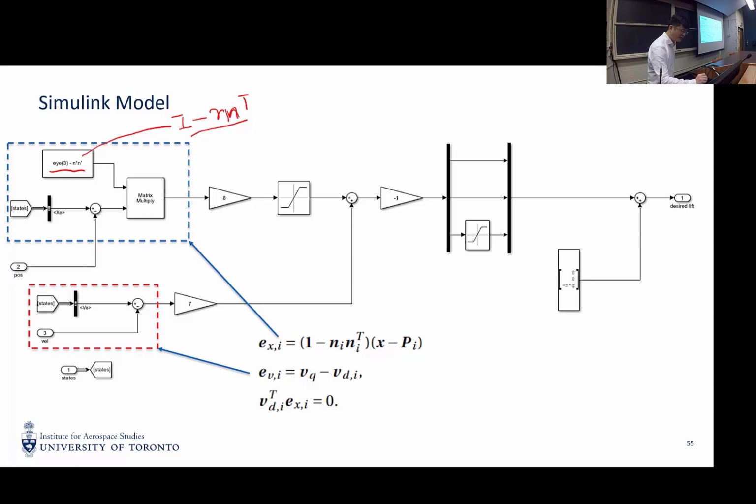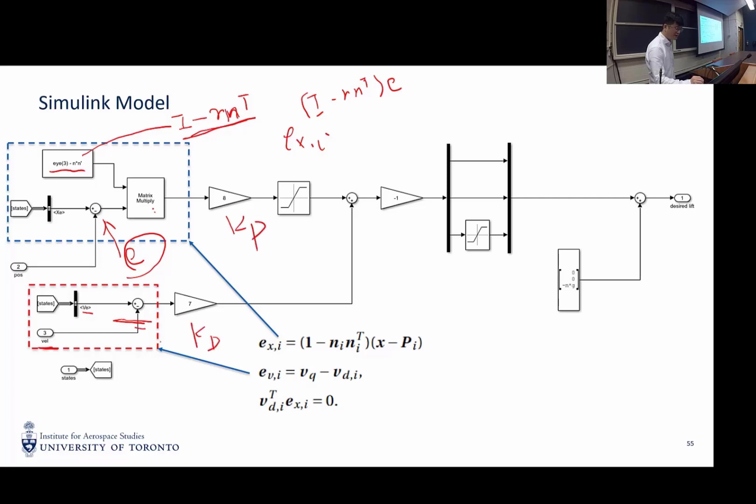So we do a matrix multiplication of this and this to get the EX. This means that we multiply I minus n n transpose with E, which is x minus p. And previously in the position stabilization, we only fed back the VE, but right now we need to calculate the velocity error, and then we set a KD gain here.